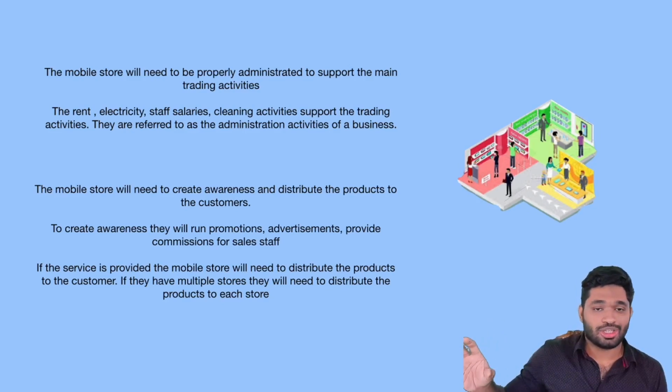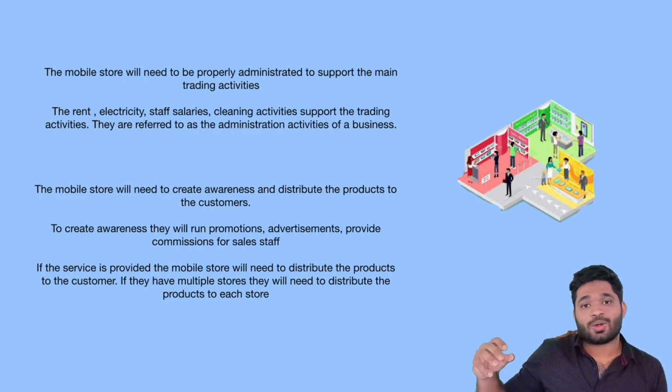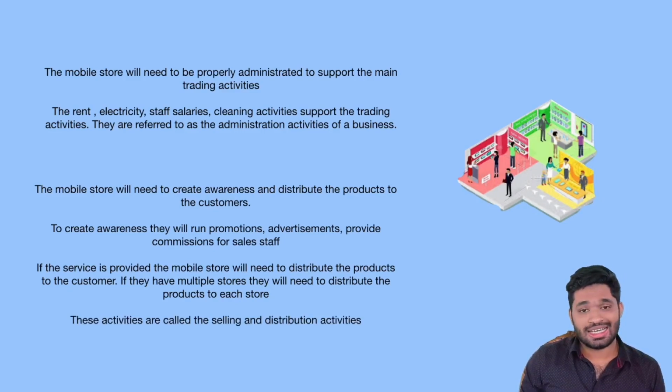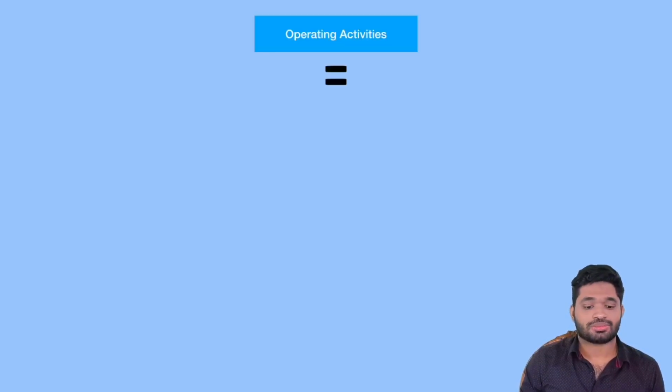These expenses, you call them carriage outwards. Now, carriage outwards and any other distribution related expenses like motor vehicles and all of that is considered as distribution activities. So both the selling activities and distribution activities are considered together as selling and distribution activities.